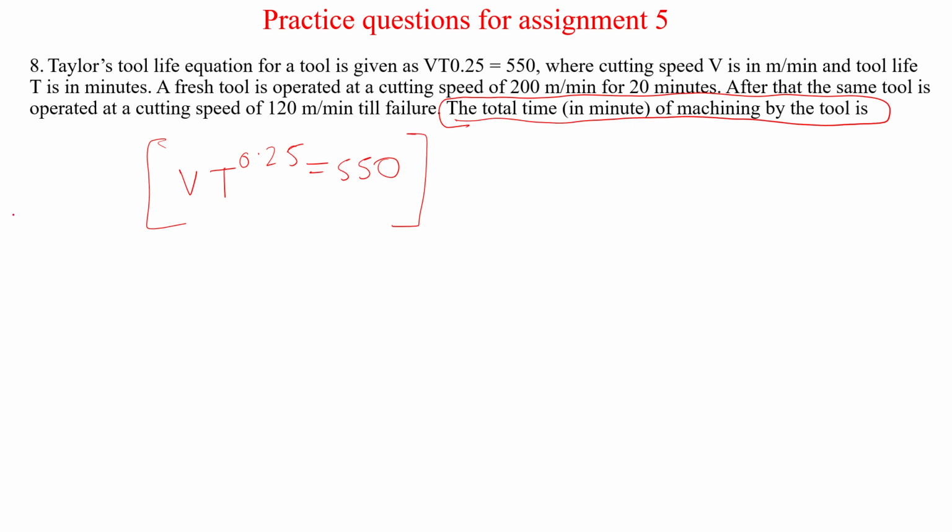First, using this equation, calculate the tool life for 200 meter per minute, right? So what we'll do: 200 into T to the power 0.25 equals 550.